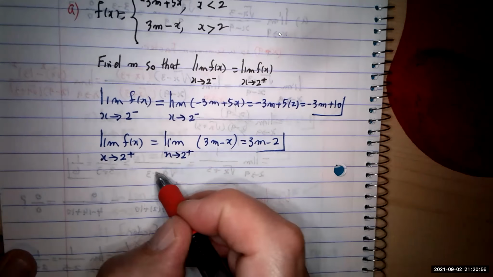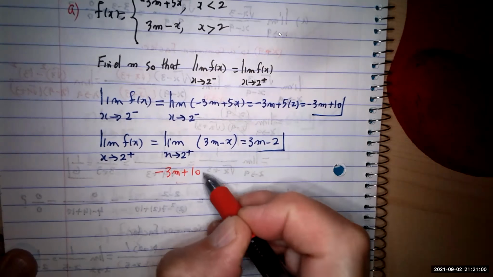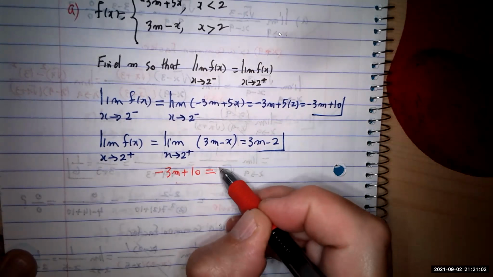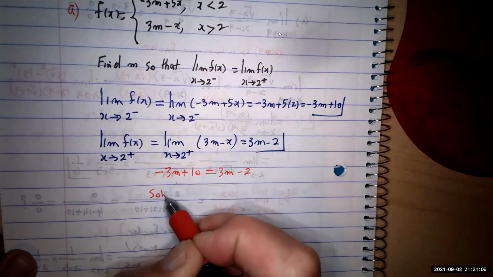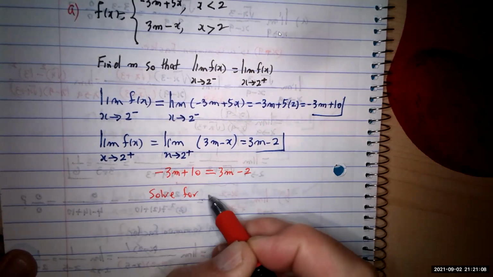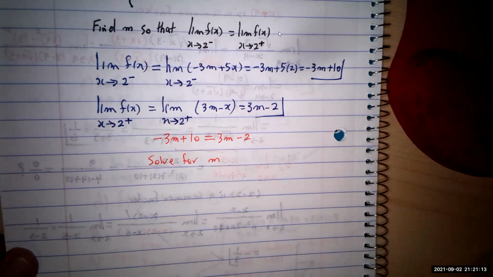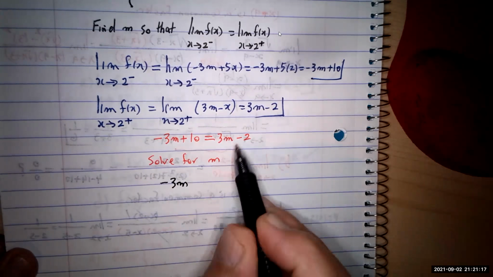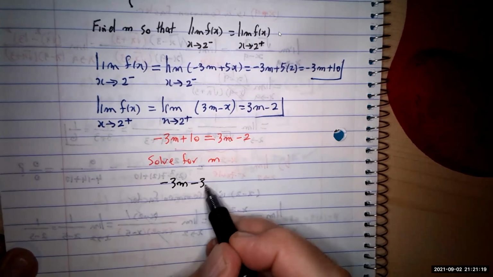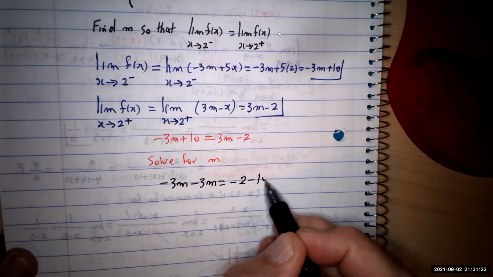So negative 3m plus 10 is the first one. Let it be equal to 3m minus 2, the second part. Solve for m. You move the m's to one side. This is a negative 3m, and you subtract: negative 3m minus 3m equal to negative 2 minus 10.